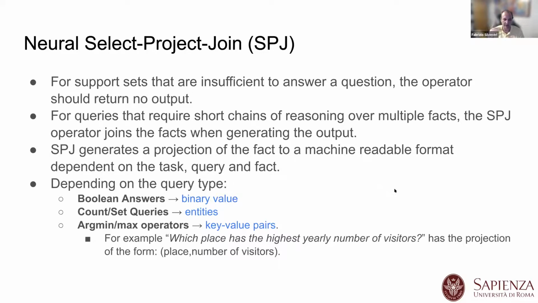For count set queries, you want to generate all the entities. And for argmin and argmax operators, you want to generate key value pairs, because, for instance, if you want to say which place has the highest yearly number of visitors, you want to compute key value pairs of the form place, number of visitors, so that you do the max on the value side and you retrieve the key side of this pair.